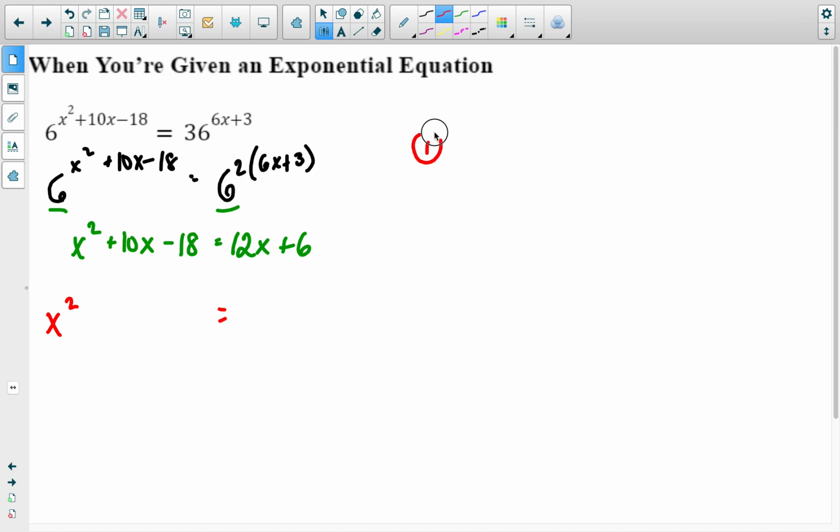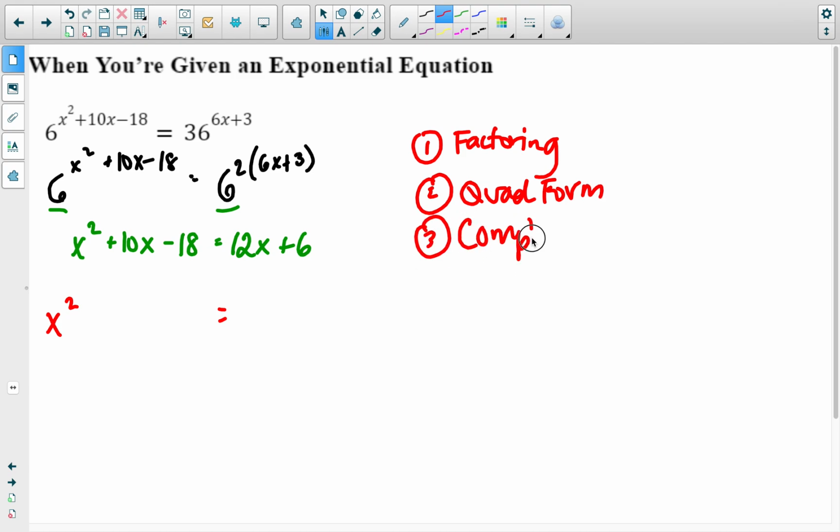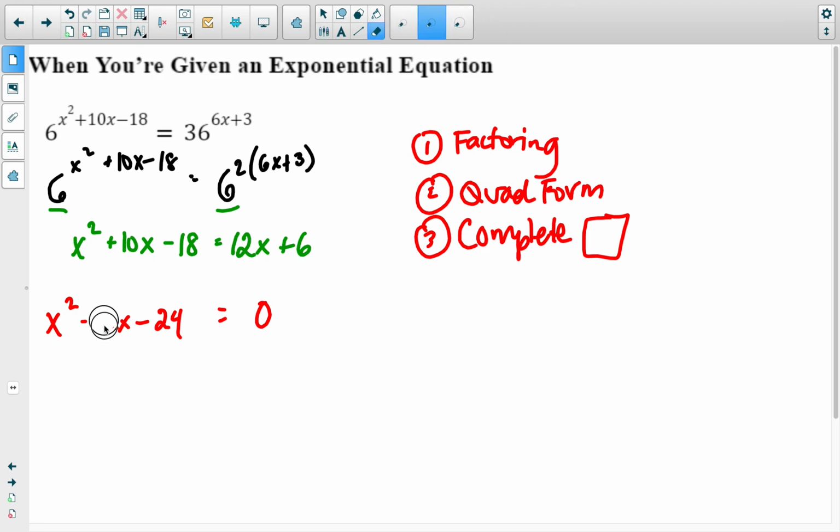Because we have a quadratic, our methods for solving quadratics are factoring, quadratic formula, or completing the square. Okay, subtract 12x from both sides, subtract 6 from both sides. Let's see, oh, excuse me, this should be negative 2x.